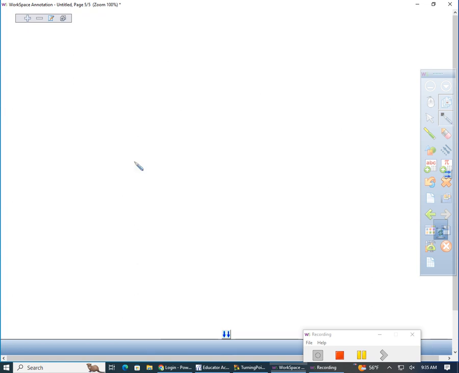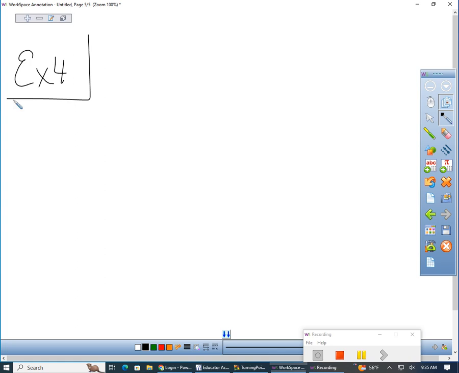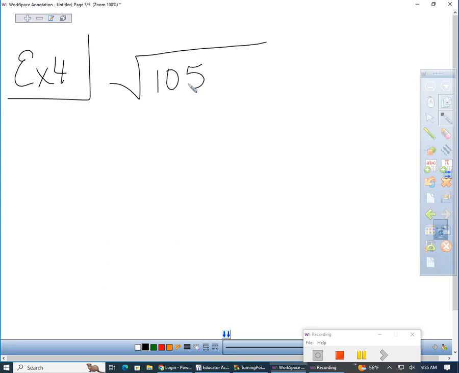All right, here's example number 4. Let's go with the square root of 105 x to the 3rd. Uh-oh, I threw a variable in there. 105 breaks down into 5 times 21, right? 21 breaks down into 3 and 7.